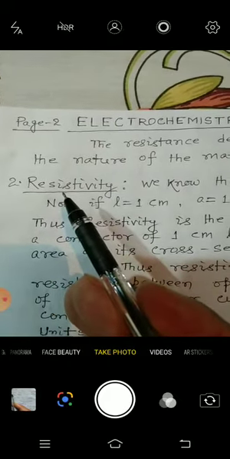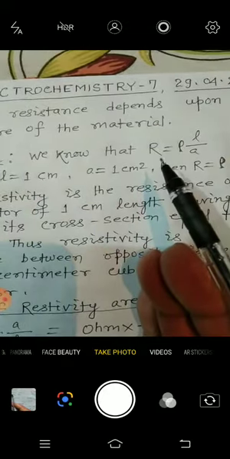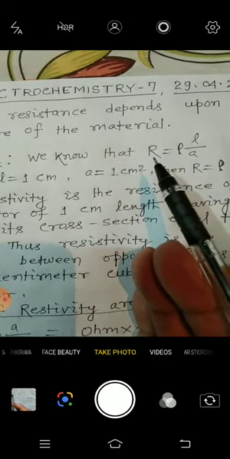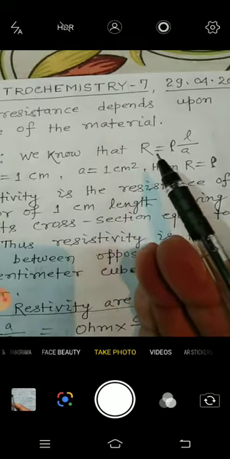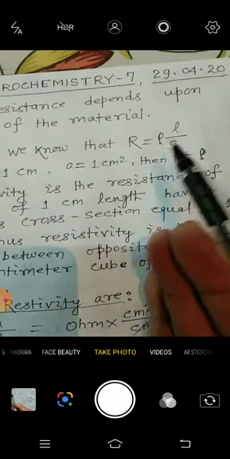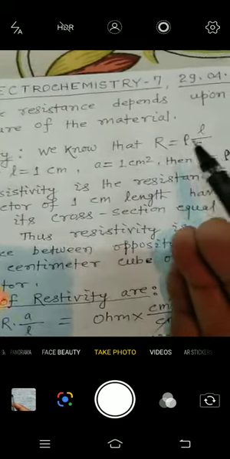Now the definition of resistivity. We know that R is equal to rho multiplied by L by A. When L is 1 and A is 1, then automatically R is equal to rho.